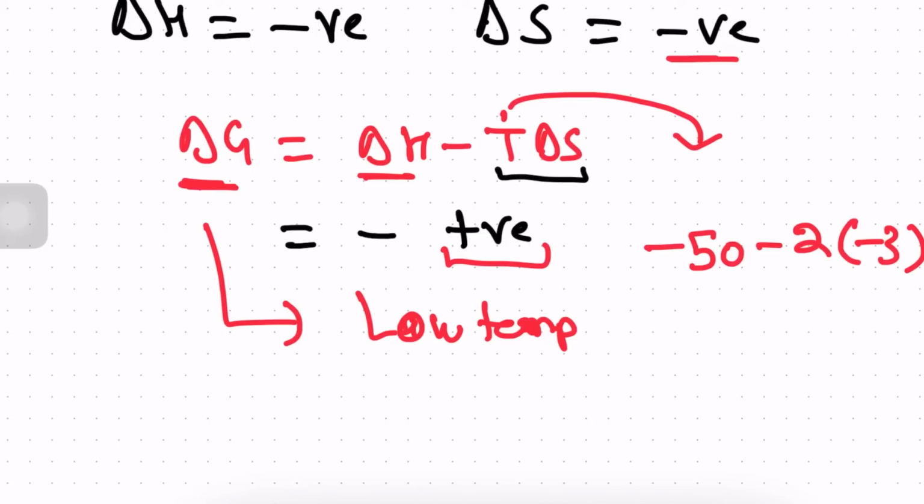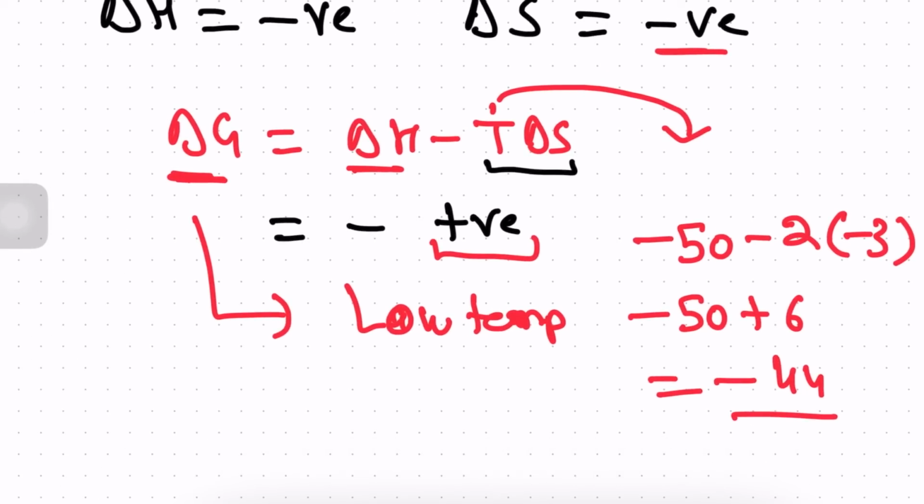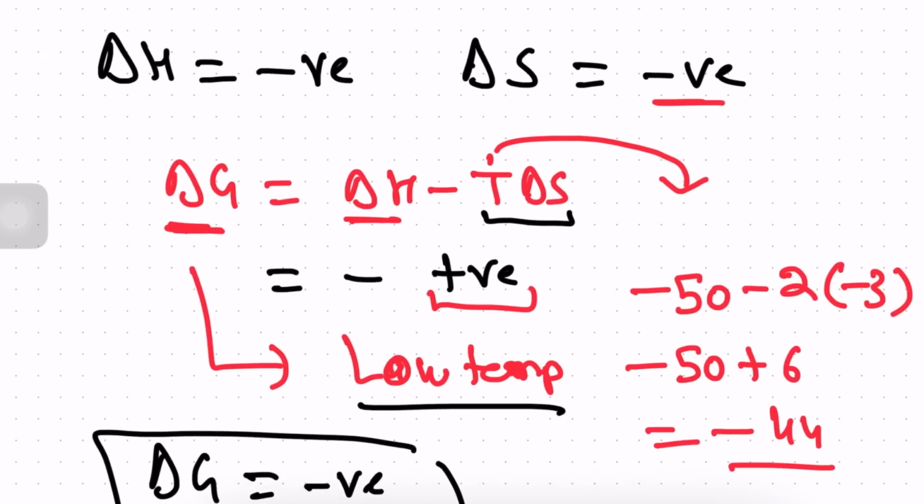So minus 50 plus 6 will come out minus 44. So here you can see in this reaction that the value of delta G is negative when the temperature is less. So this reaction is going to be spontaneous when the temperature is less. The condition is delta H is negative and the value of delta S is negative.